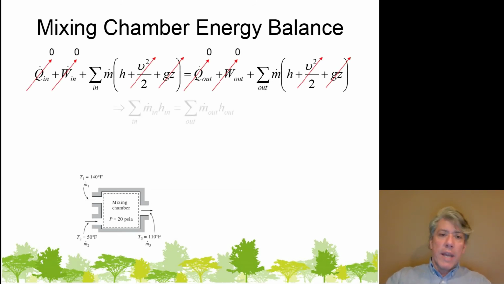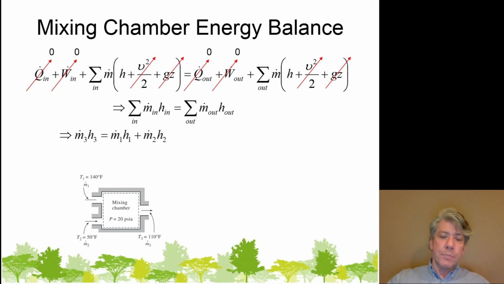And so again we have something that looks a lot like a throttling valve, except that we could have multiple inlets and multiple exits, and typically we would have two inlets, one exit. So the mass flow rate at the exit state 3 times the enthalpy that stream carries quantifies the rate at which that mass carries energy out of the control volume, or in other words, the power flow rate out of the control volume by mass.